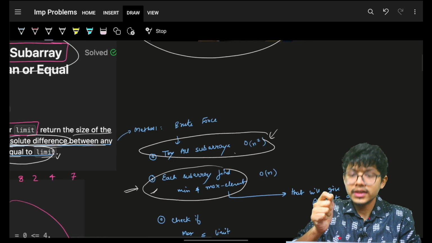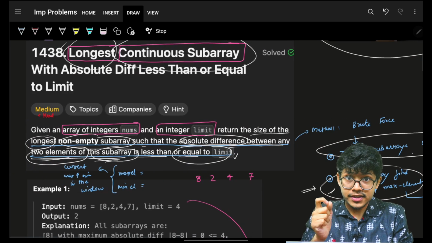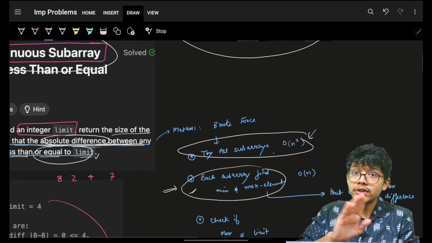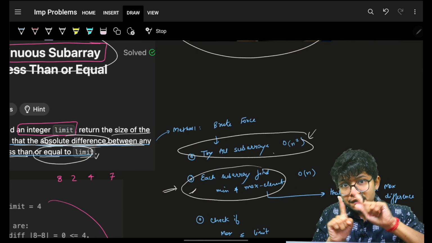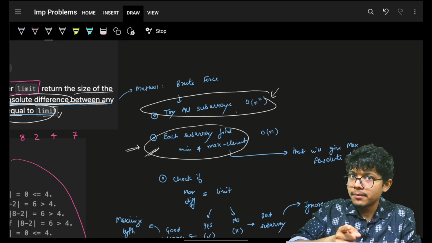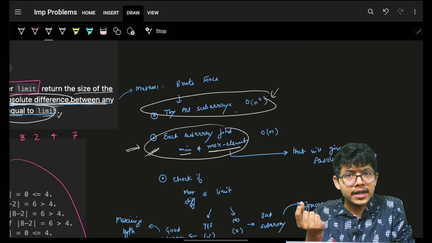So I modified this statement: the absolute difference between two elements such that the absolute difference is maximum. That can be between the max and the min element.